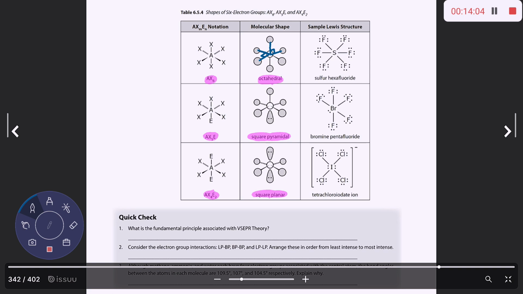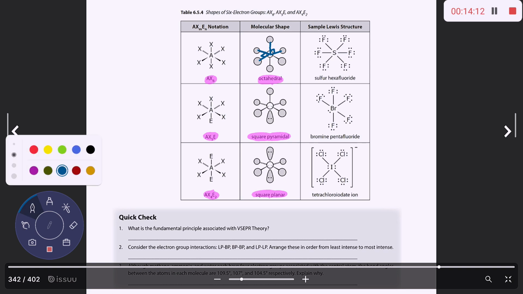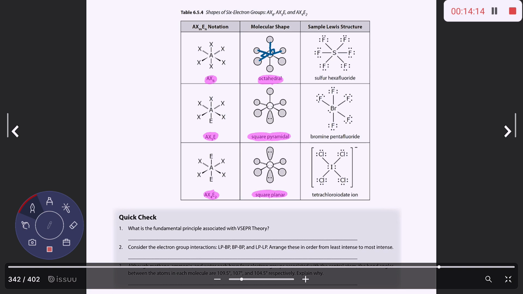And then you can see in square pyramidal and square planar, they tend to draw the lone pairs in the axial regions. Something that I'd like to mention to you is sometimes they will ask you about the bonding pairs and the lone pairs and how they repel each other. So this obviously is a lone pair, and this would be a bonding pair.